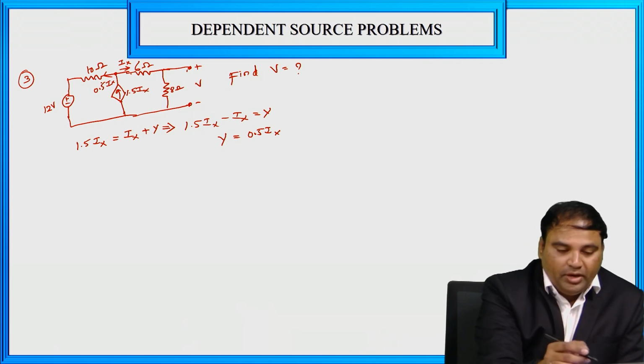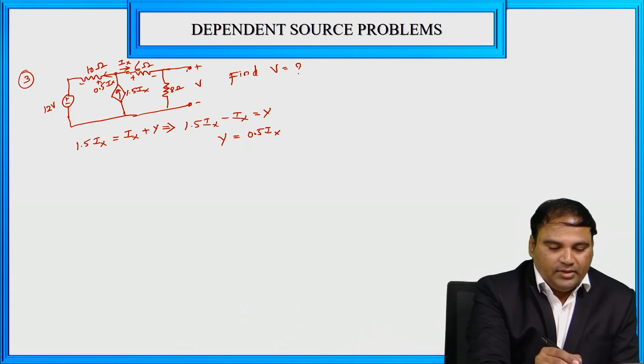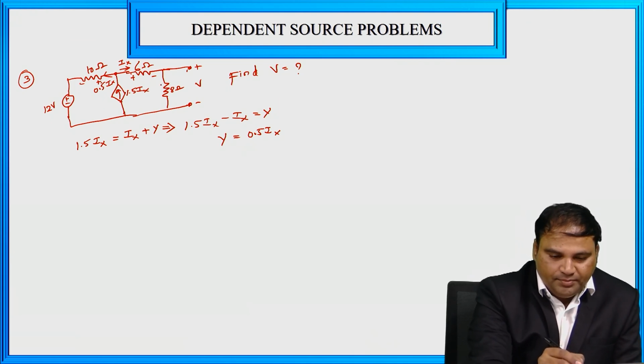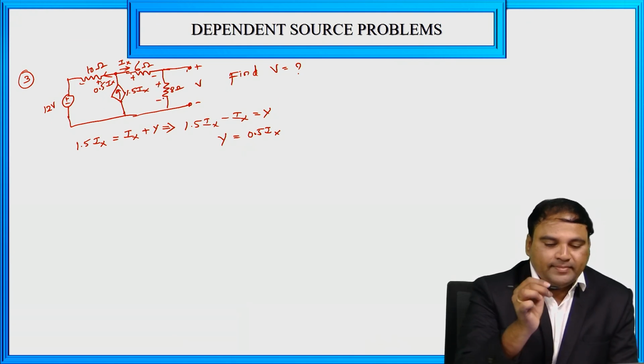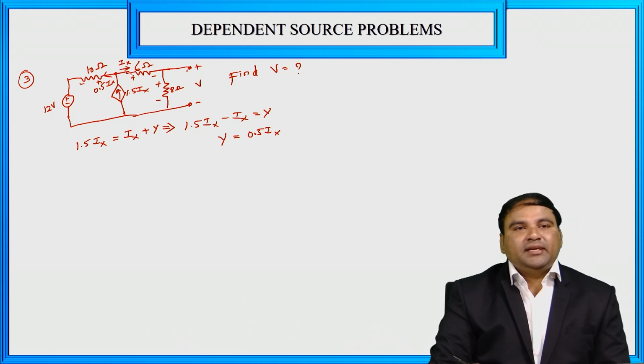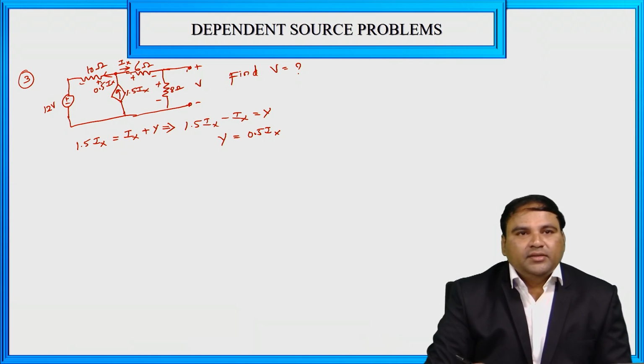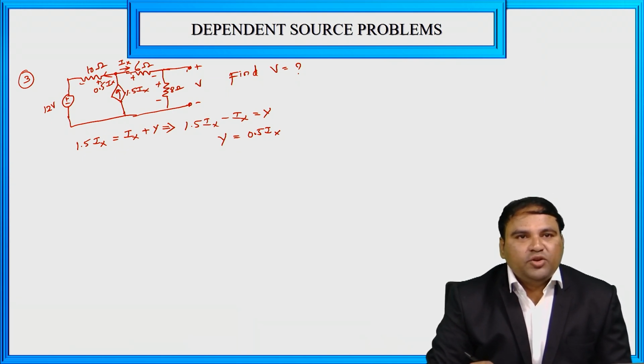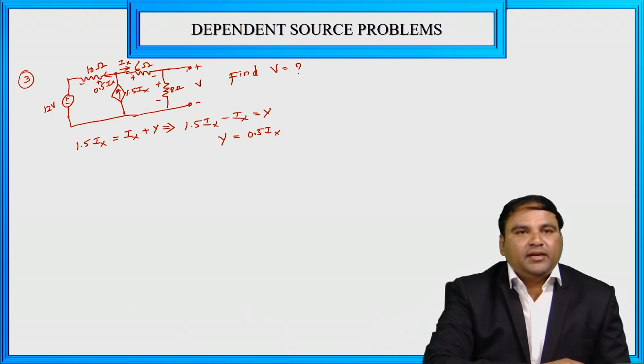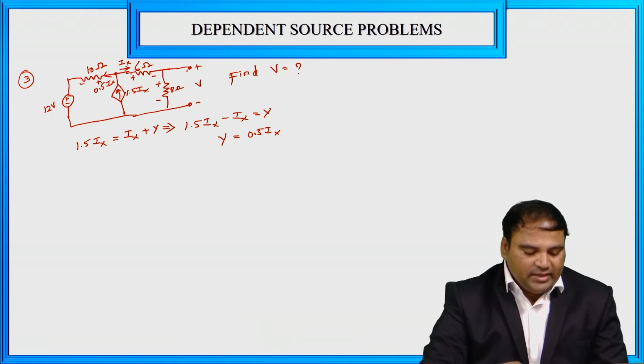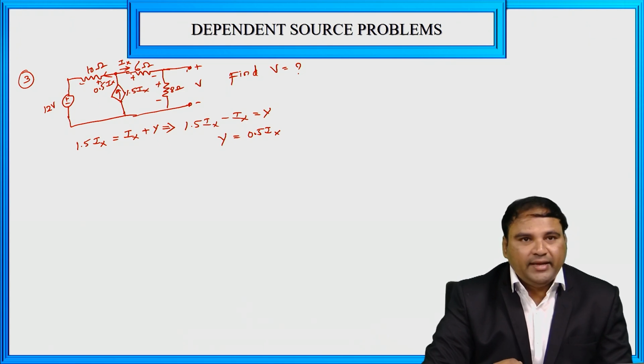Now the polarities. So this is plus minus and this side plus minus, and here also at 8 ohm also plus minus, right? Here is the current direction, right? So current through 10 ohm is 0.5 Ix and current through 6 ohm is Ix, and we are having the dependent source, that is 1.5 Ix, right?